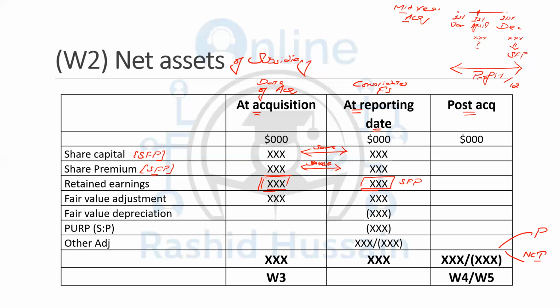Now, why are we doing that? We have the retained earnings at reporting date given within the consolidated statement of financial position. We have the profit for the complete year. What I want to say is that the retained earnings at reporting date is simply calculated as retained earnings at start of the year plus profit for the year.